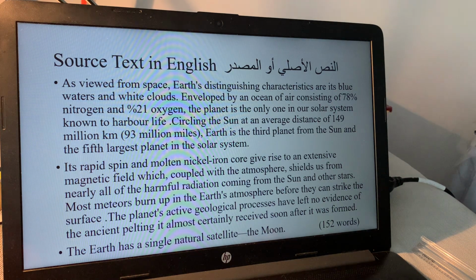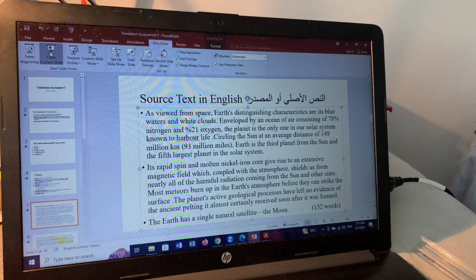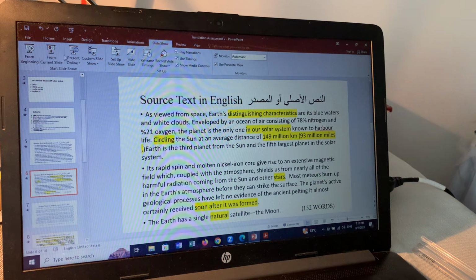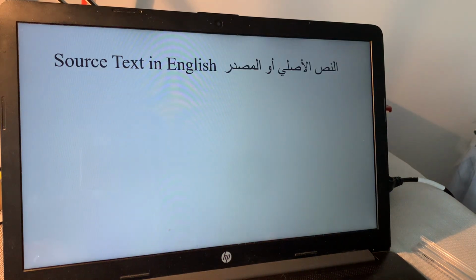Which I will be discussing, only this one, so I'll just move on to this one in particular and then just point out certain things in the source text. I suppose we can go back to that in a minute, but what is interesting is distinctive characteristics, which is in plural. For example, this is one thing.